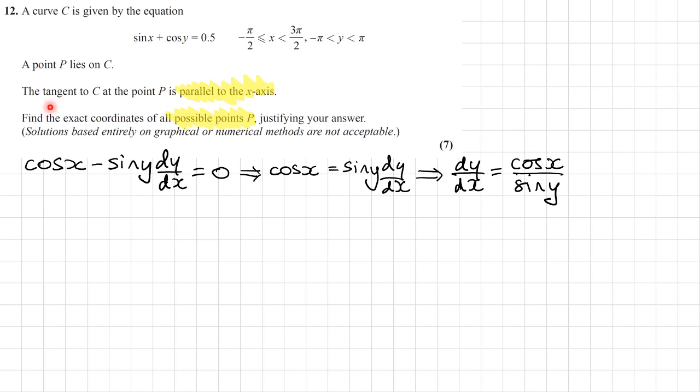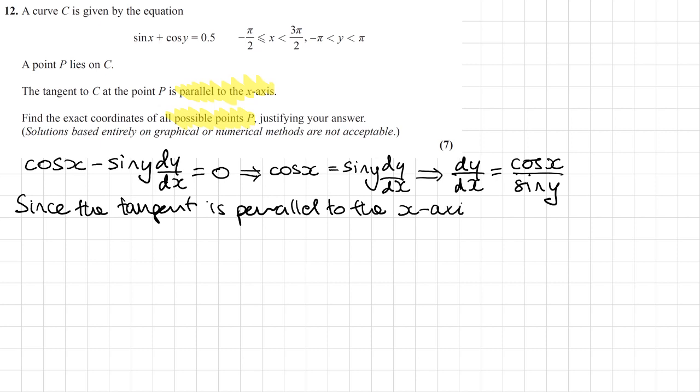Now, since this tangent is parallel to the x-axis, that means that this is a line that goes straight across. That means that dy/dx is 0. Now if dy/dx is 0, that means that the top part of this is 0. That means that cos x is 0.